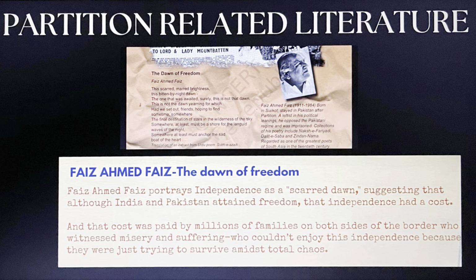The very reason why I'm covering them in the source boxes is because you might get a question in your exam asking what kind of emotions these poets are talking about in relation to partition, what themes they are talking about. You can tell them the theme of independence not being enough, the people bearing the cost, people going through loss of family, loss of home, those things.